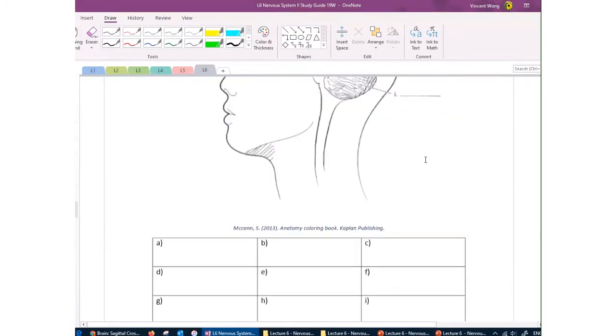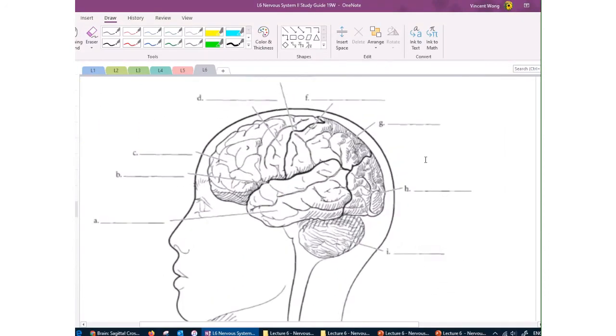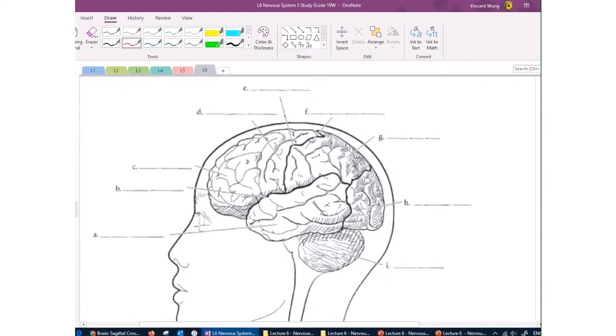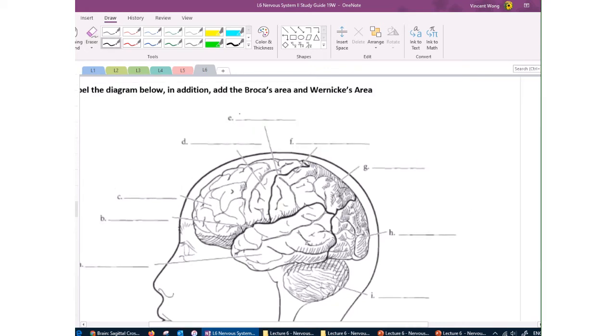So back to our workbook. Here is a very simplified diagram of a brain, and we all have this very prominent groove that runs down the side of the head right here, and that is called the central sulcus.